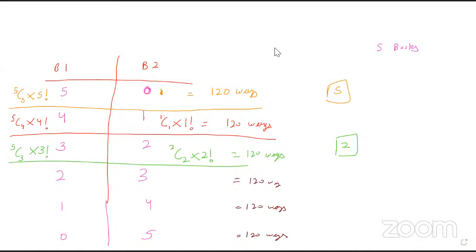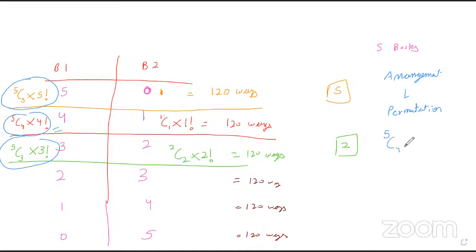And here, if you notice, the word arrangement was used, right? Arrangement means permutation. Yes, sir. So this is also permutation. Let me just show you. Suppose I'm taking this term, 5C4 times 4 factorial, right? So you know the formula for combination? Yes, sir. 5 factorial upon 4 factorial times 1 factorial, times 4 factorial.